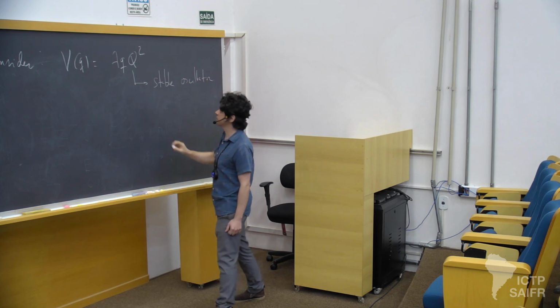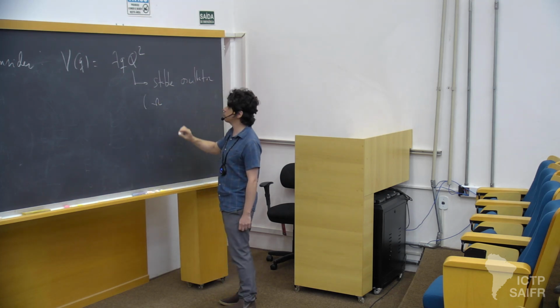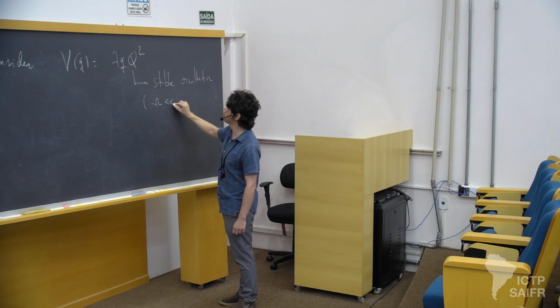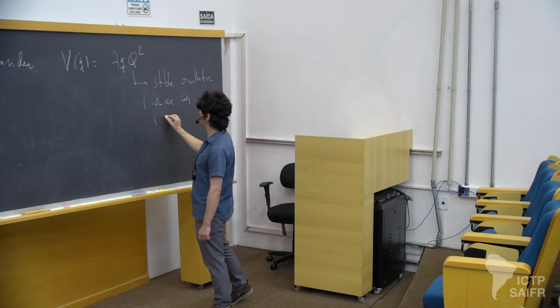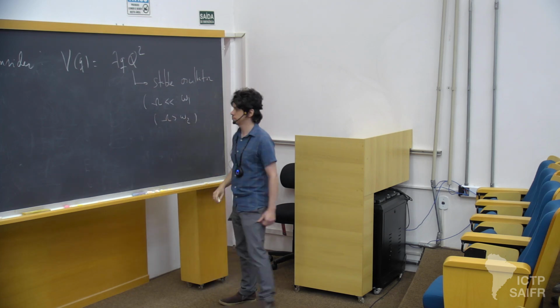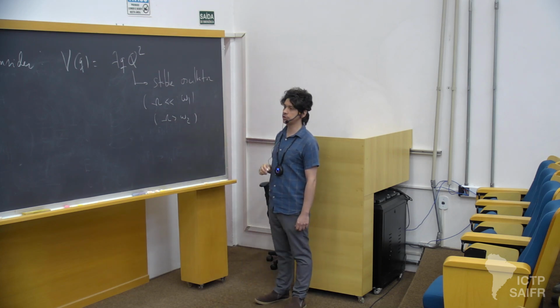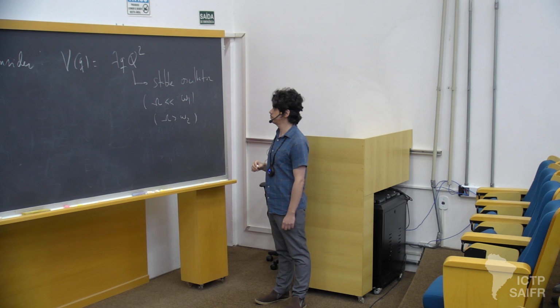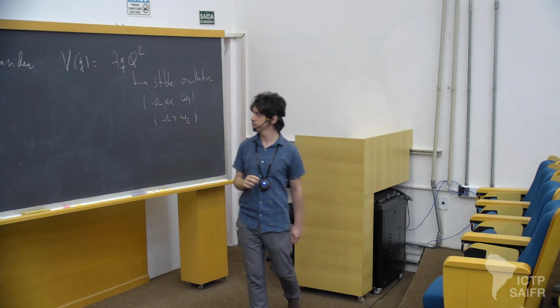And let's pretend that its natural frequency is much smaller than omega 1, but let's keep it greater than omega 2, for reasons that will be clear once we generalize this to field theory. So this is just a small frequency, right?